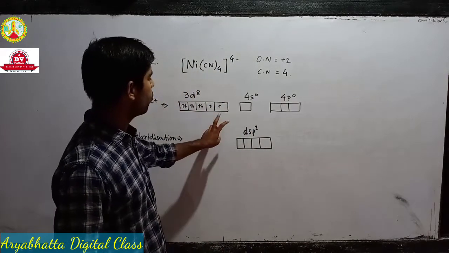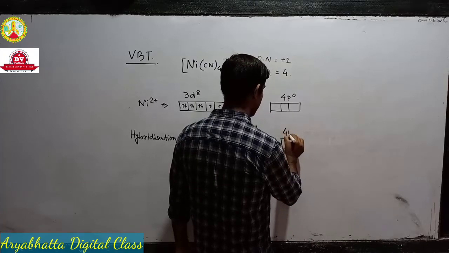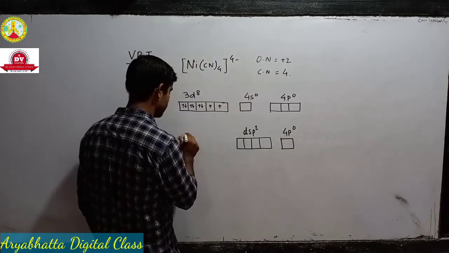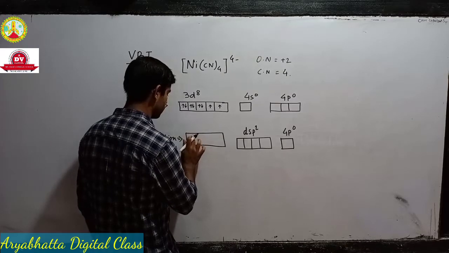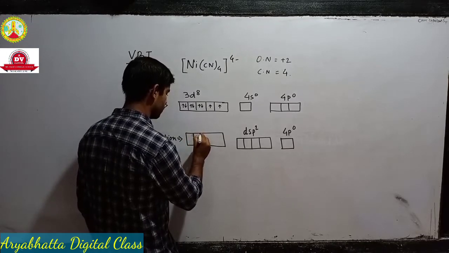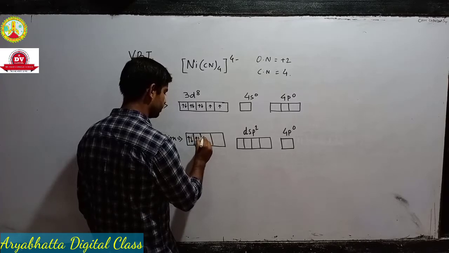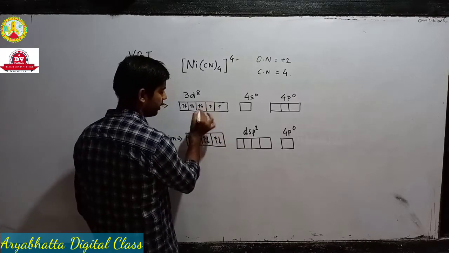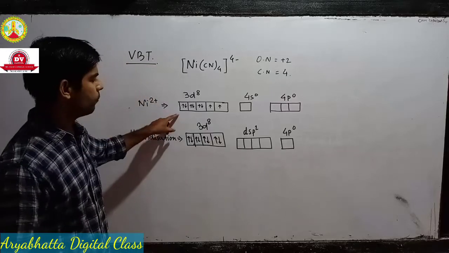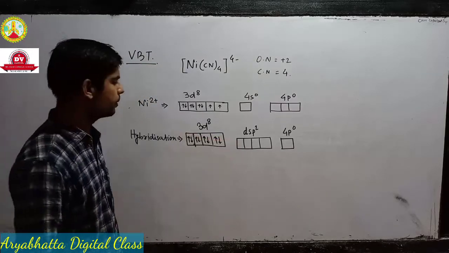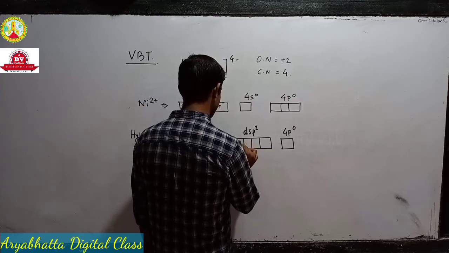That means we have taken one d orbital over here, so one 4p orbital will remain unhybridized, and out of the 5 d orbitals, 4 will remain unhybridized and 8 electrons are redistributed in them. 3d8 will remain 3d8, but instead of 5 d orbitals there are 4, because one has been used in hybridization. Now each cyanide will come with a pair of electrons.